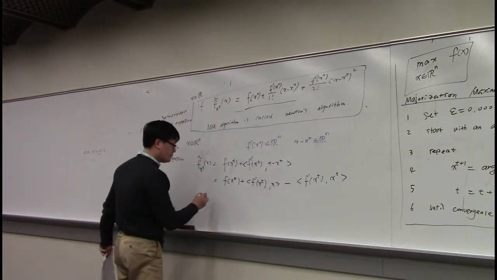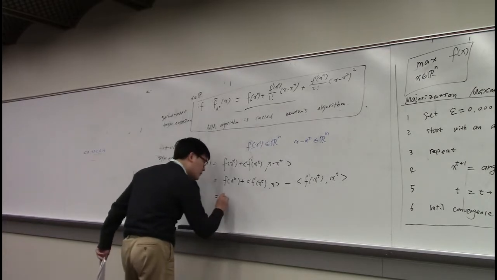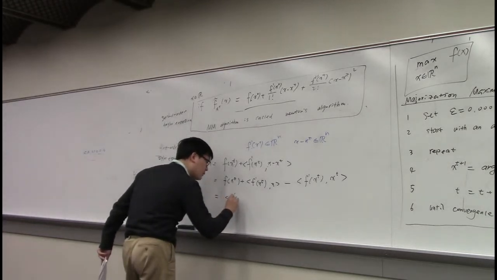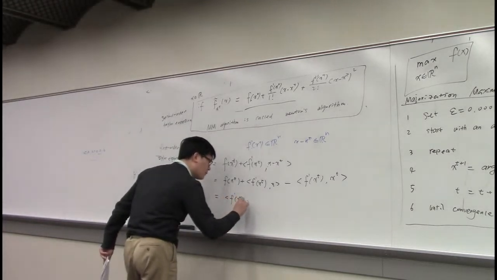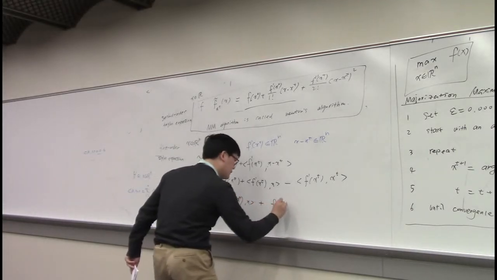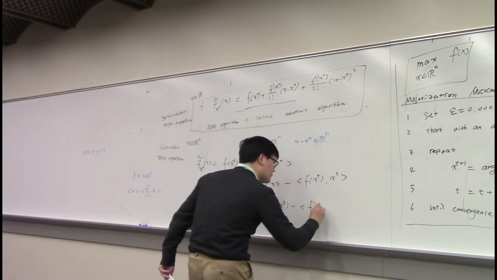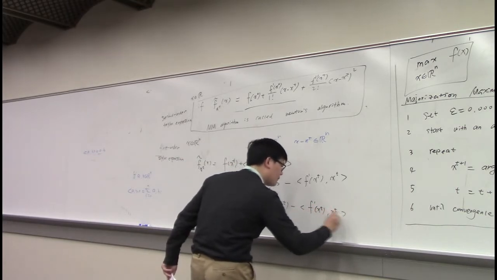And then we move this to here, plus f(x_t) minus the gradient of f at x_t dot x_t.